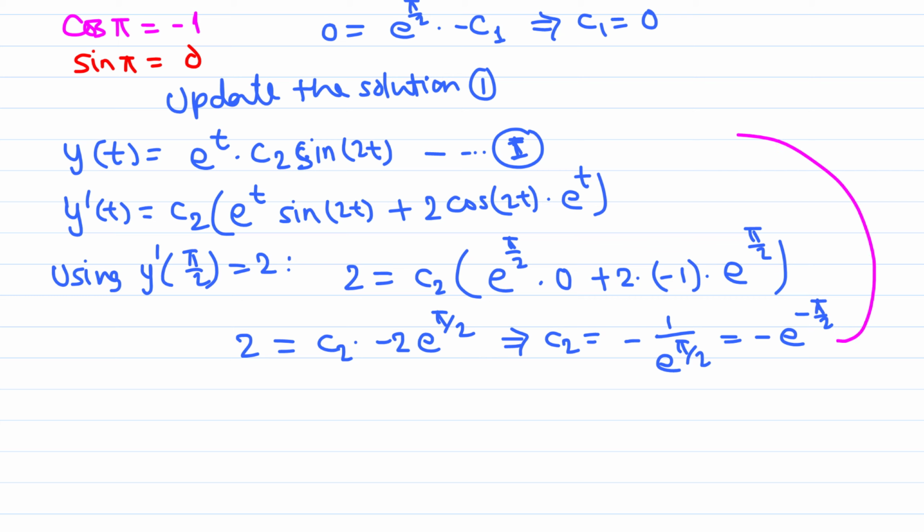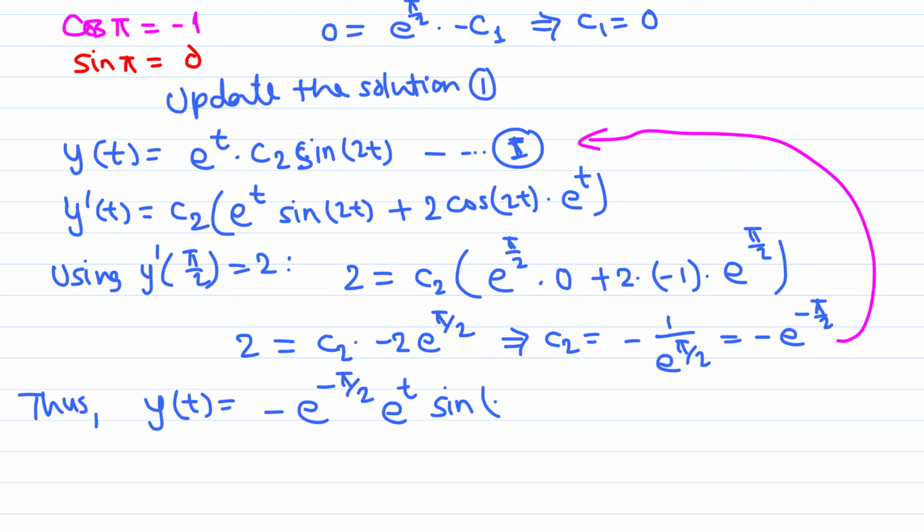Now if we plug this back here, we get our final answer. So thus the solution is y equals negative e raised to negative pi over 2, times e^t sine 2t. Final.